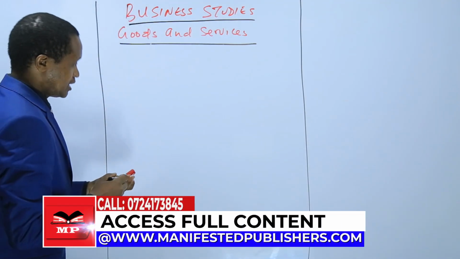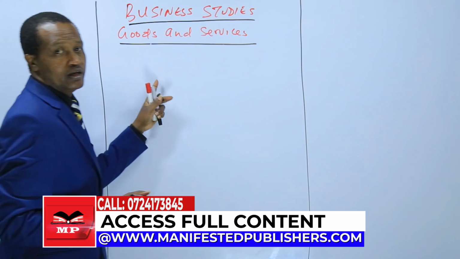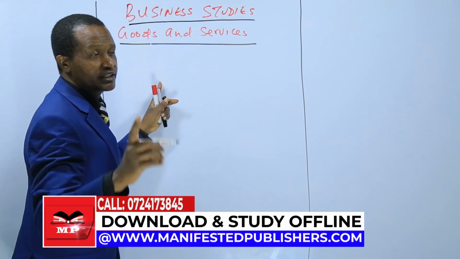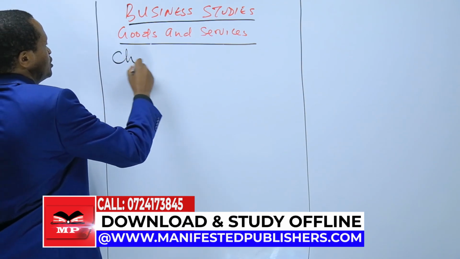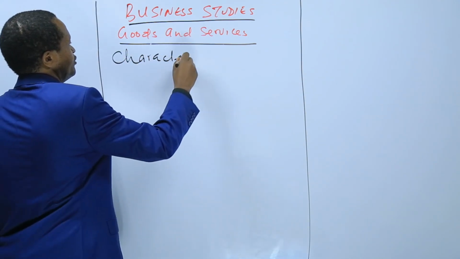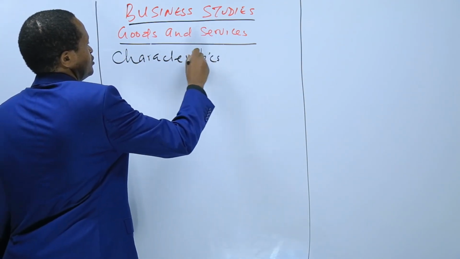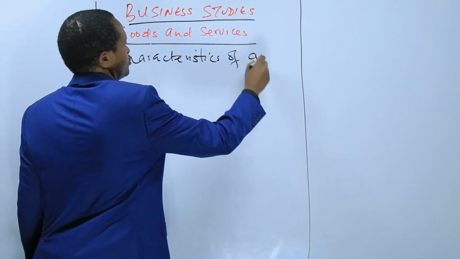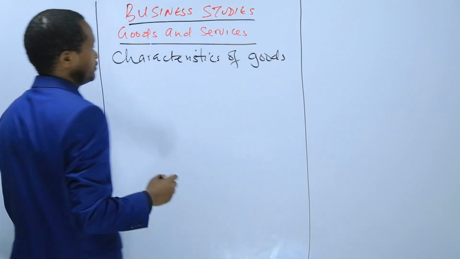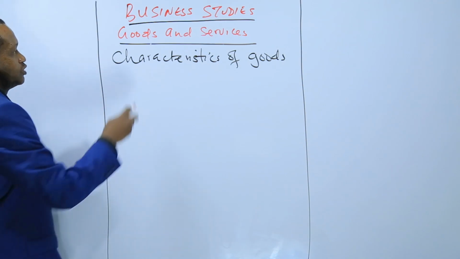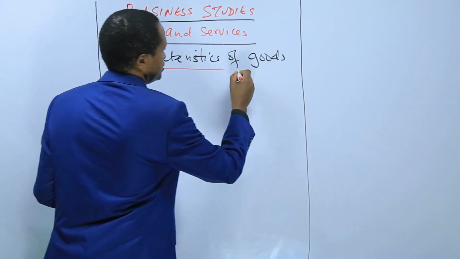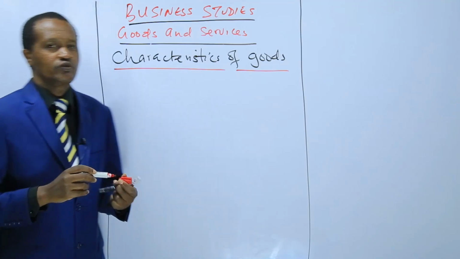So learners, I want us now to highlight the characteristics of goods. After defining goods and services, let's begin with goods.